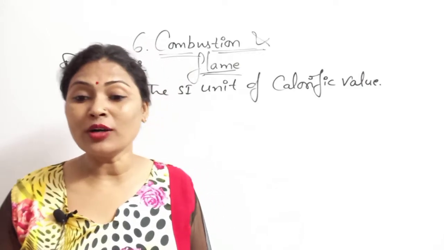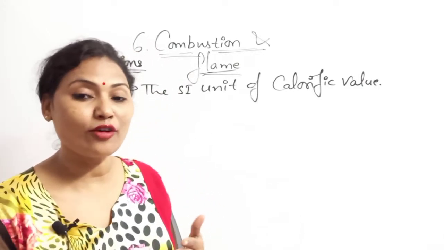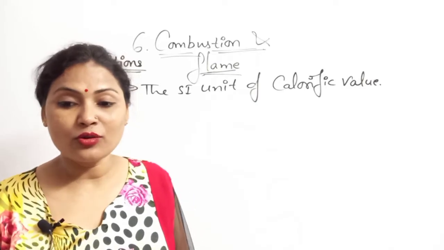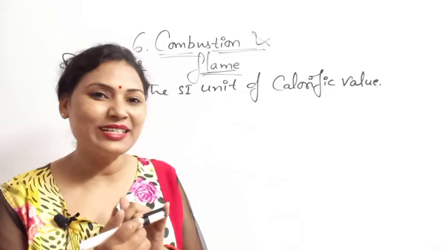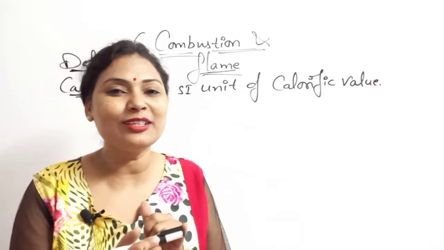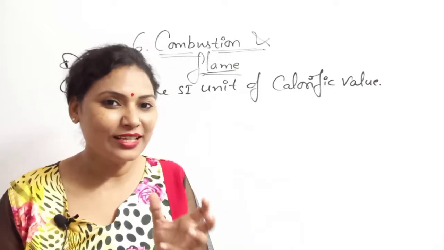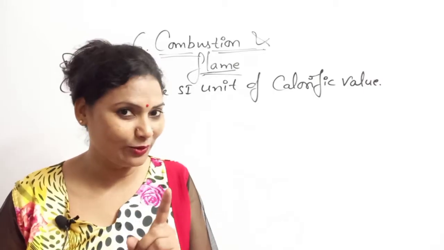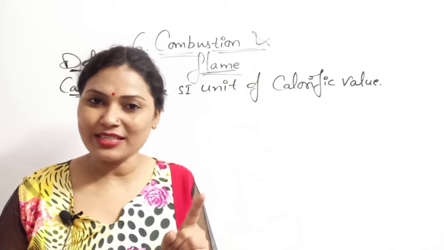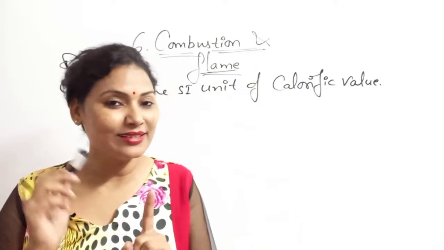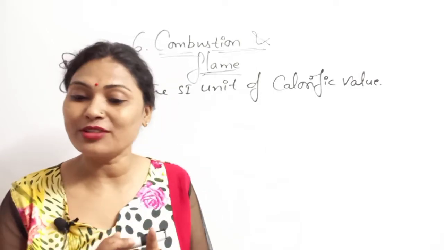Now, you should know the conditions necessary for combustion. First, the presence of a combustible substance is necessary. If we want to burn a stone, will stone burn? No, stone can't burn. So we need a combustible material, and that is a necessary condition for combustion.